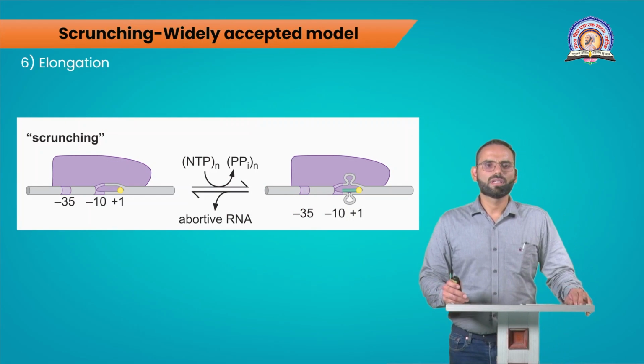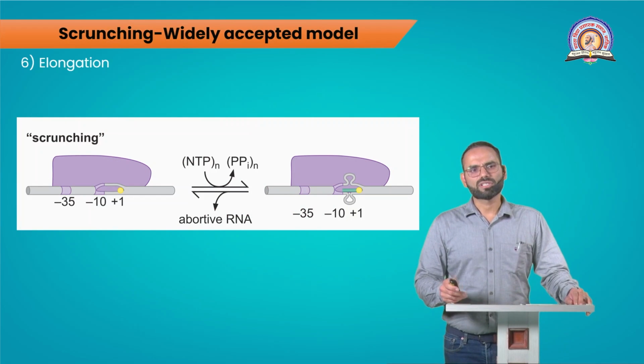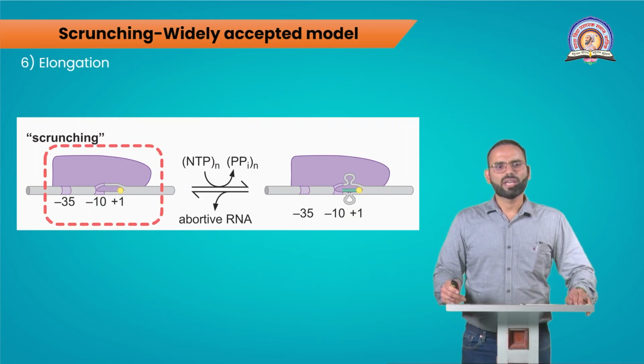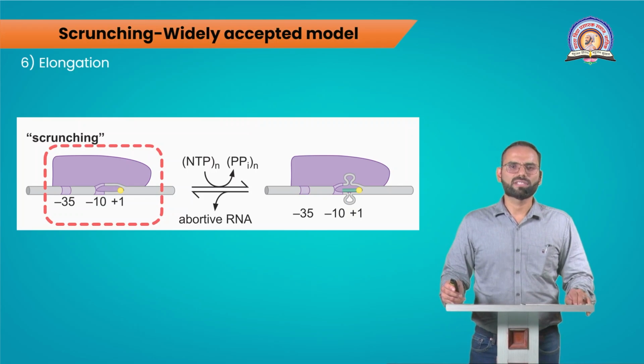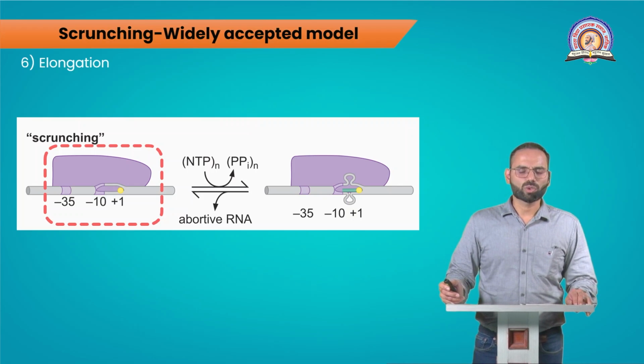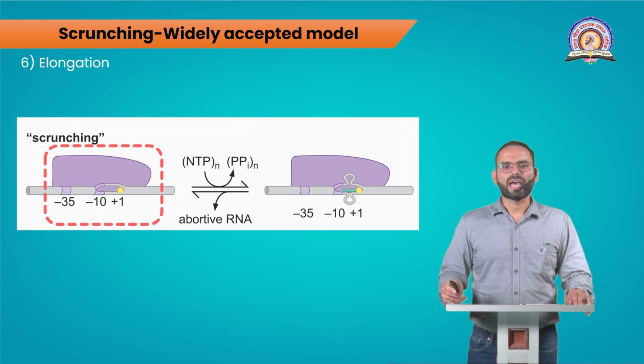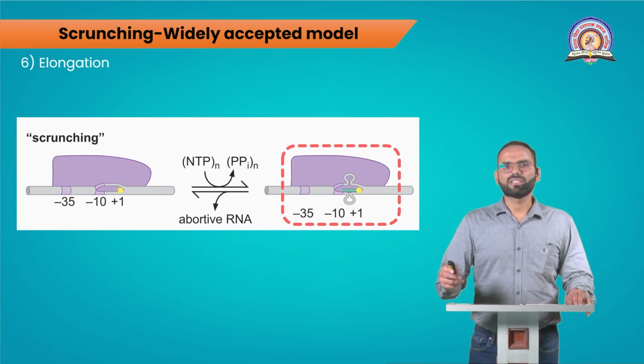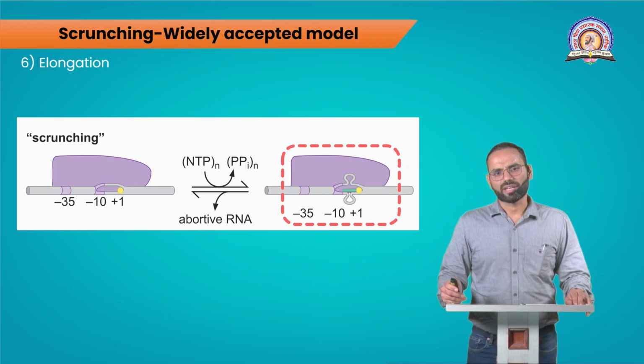So this is a scrunching model which is widely accepted for the process of elongation. In this model, initially the RNA polymerase sits onto the promoter and it pulls the DNA through its active site. And this pulling of the DNA results in its unwinding, and the process of transcription elongation can happen.